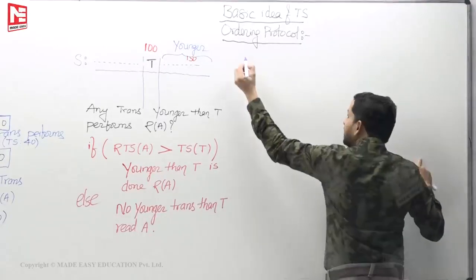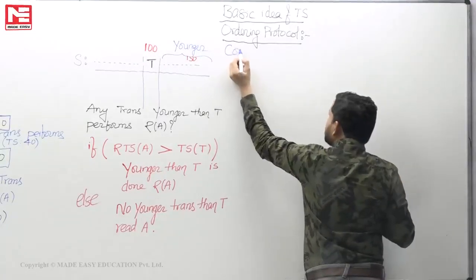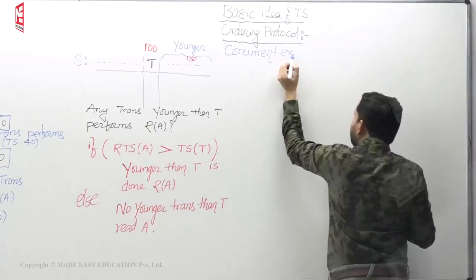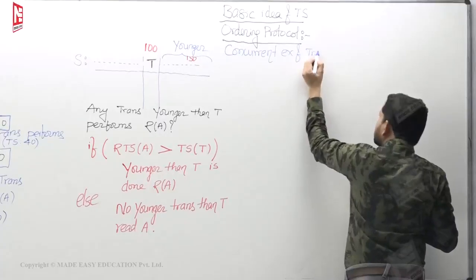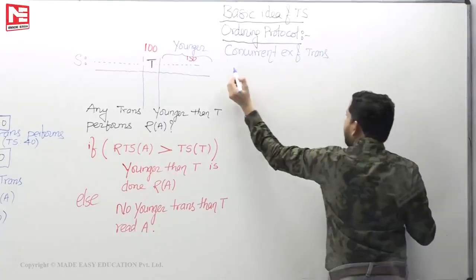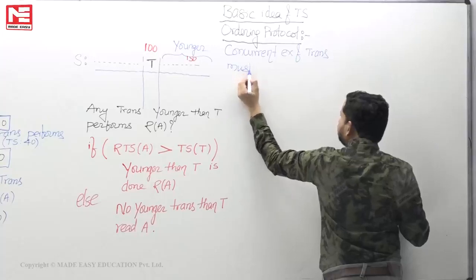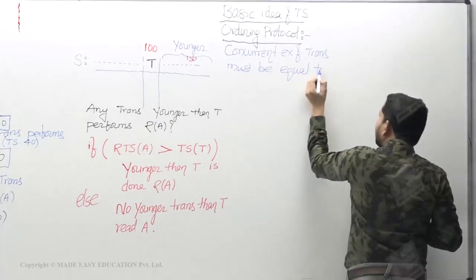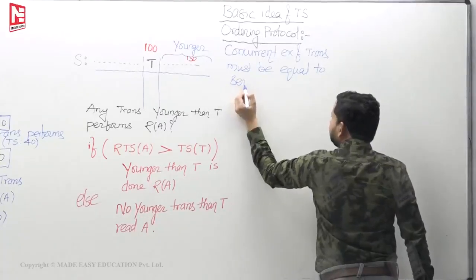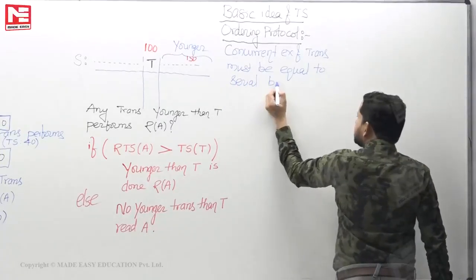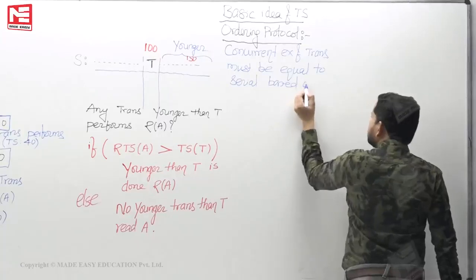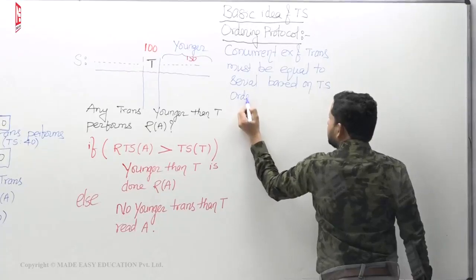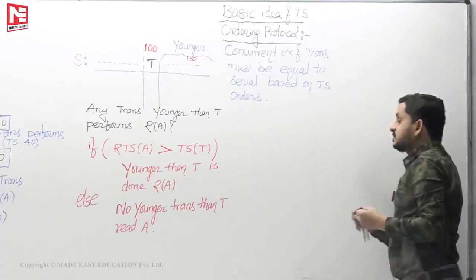So it means concurrent execution of transactions must be equal to serial based on timestamp orders of transactions.